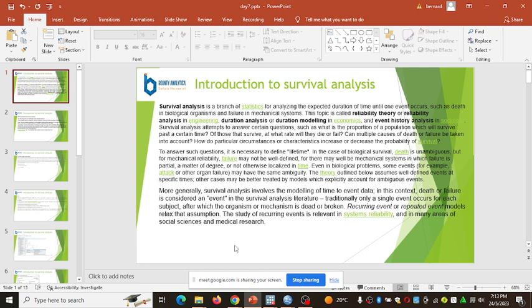Examples of survival analysis include death in biological organisms and failure in mechanical systems. For example, you are traveling in a car from Nairobi, let's say, to Mombasa. What we want to analyze there is the duration or the time taken for you to go all the way from Nairobi to Mombasa without breakdown of your vehicle.